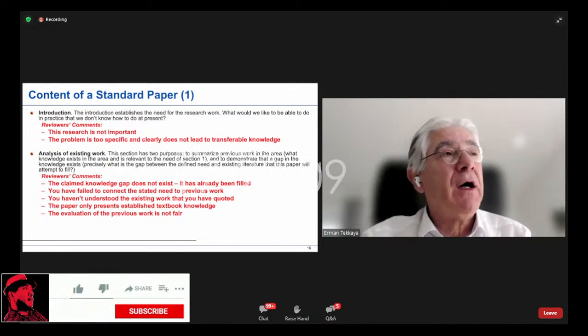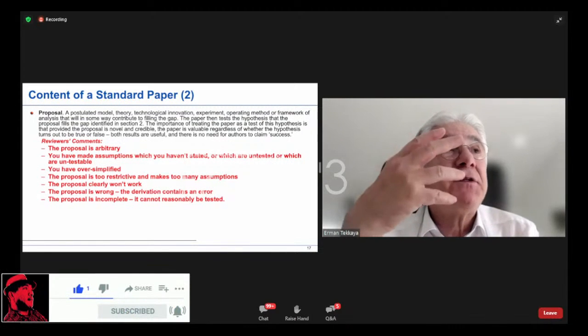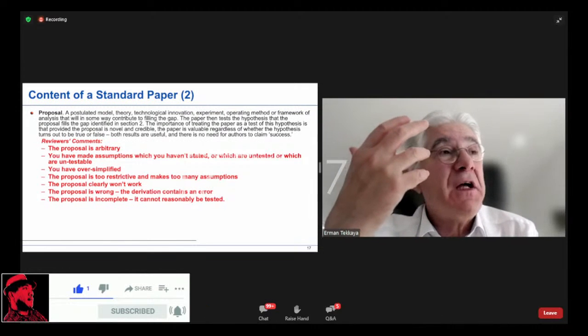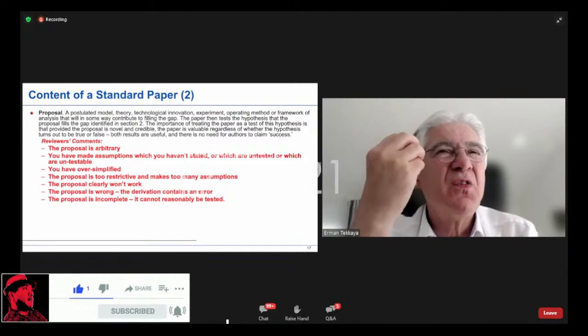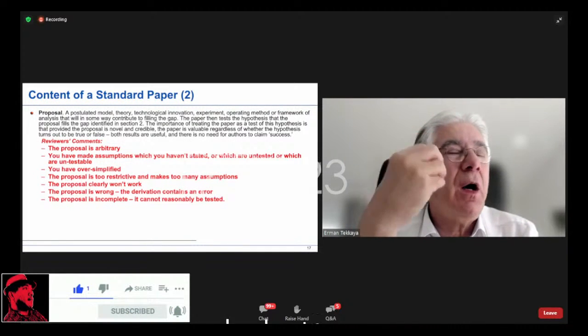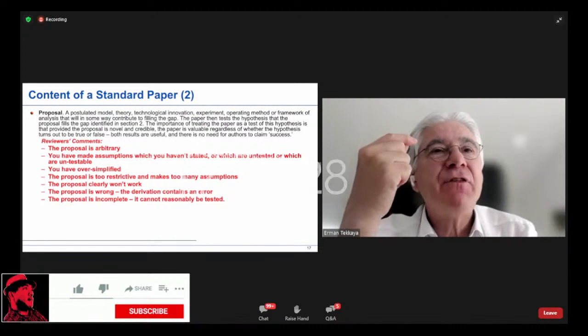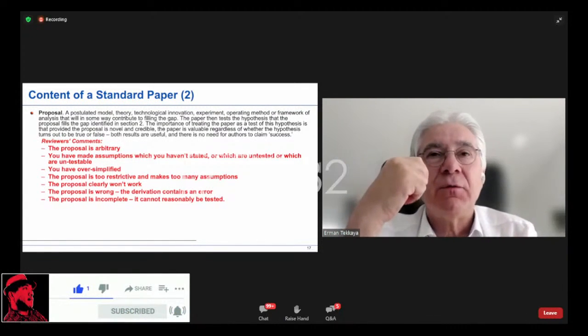And then the most important part comes, proposal. Here, you should give your method, your theory, your procedure. The reviewer can comment on that and say, just a minute, the proposal is arbitrary. So there is no specific connection to the problem. Or you have made assumptions you haven't stated, or which are untested, or which are untestable.